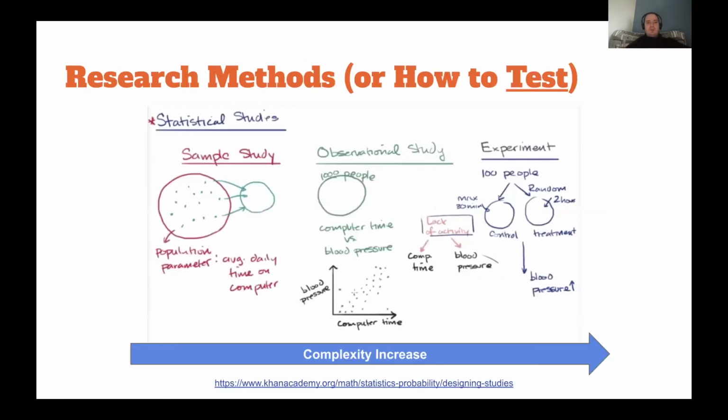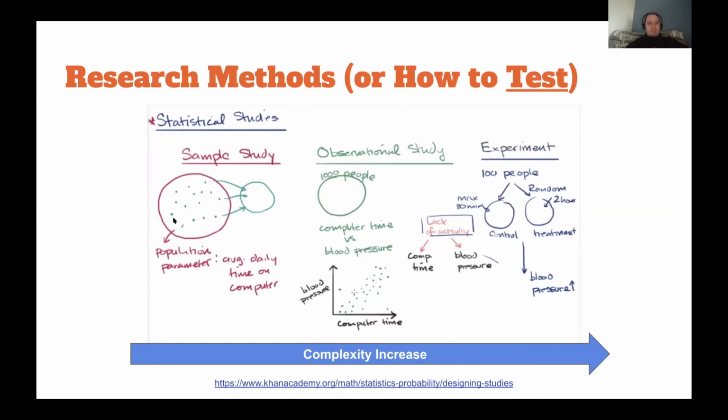But the most important part here, which we've already talked about but I'm going to come back to and explore in a few more details, is these three very general kinds of studies that you could do in order to perform research, which will depend on what your research question is and what kind of information you're trying to obtain.